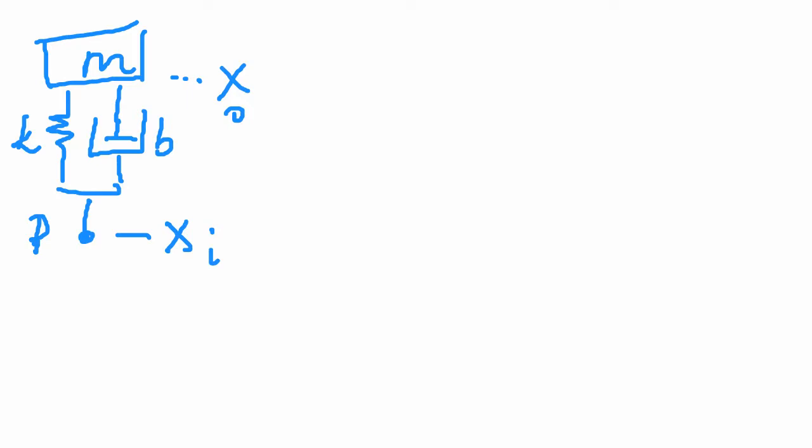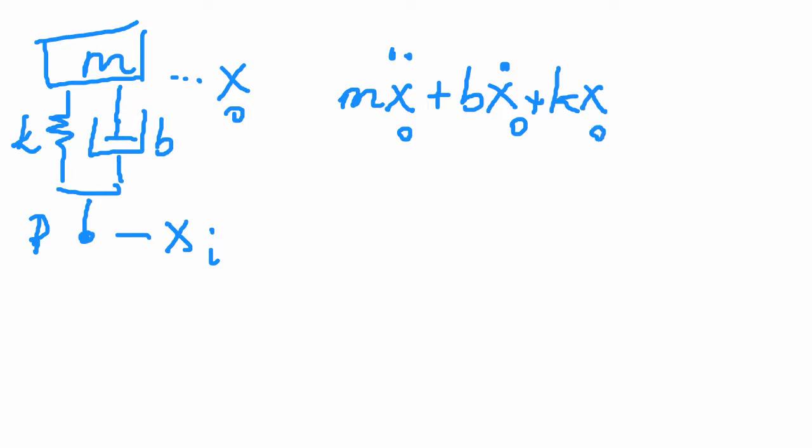So I'm going to continue: m x o double dot plus b x o dot plus k x o is equal to b x input dot plus k xi. I'm sorry, there is no dot here. I made a mistake.